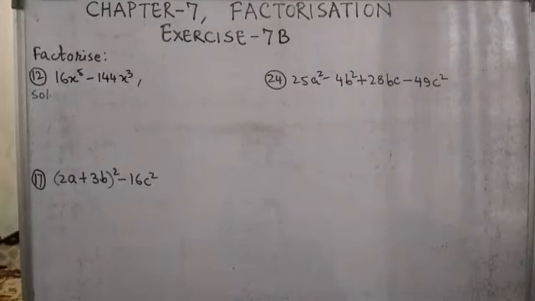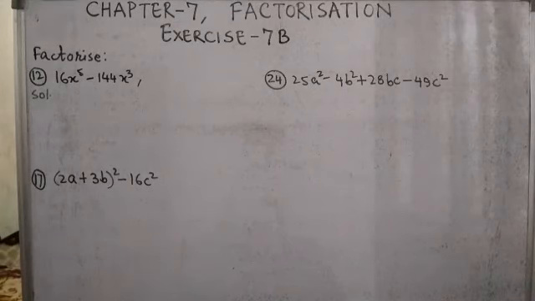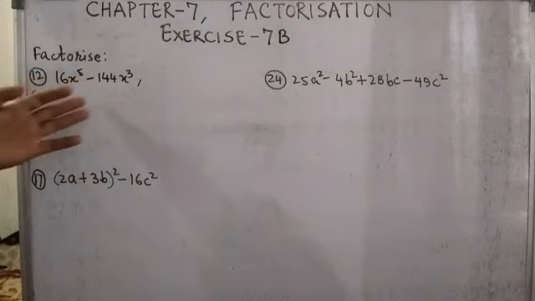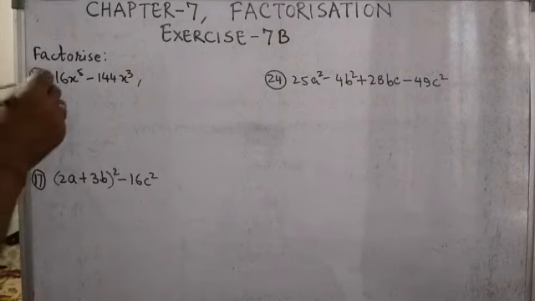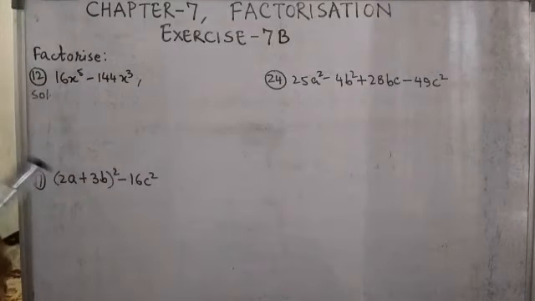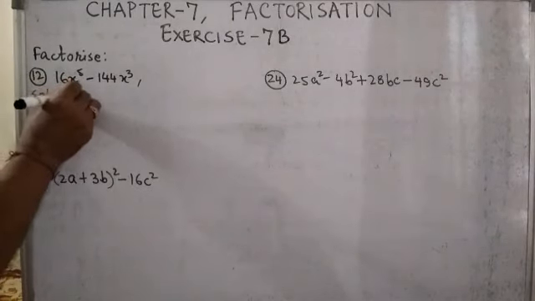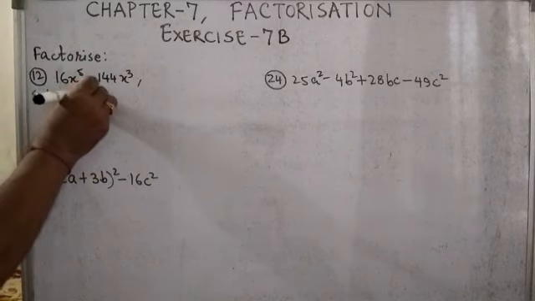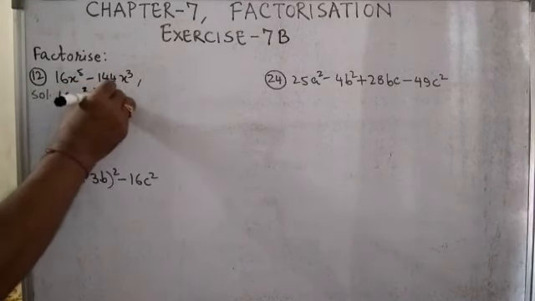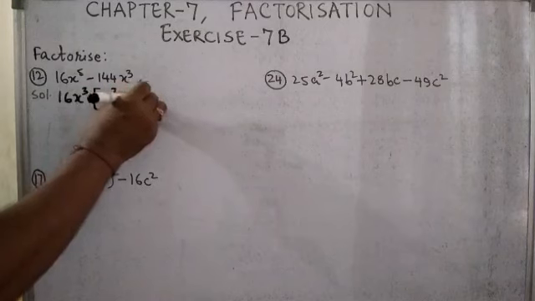Now dear students, in our next question, question number 12, we have to change it into a difference of two expressions. Before that, we have to find the highest common factor of these two expressions, that is 16x cube. Now the quotient becomes x square minus 9.